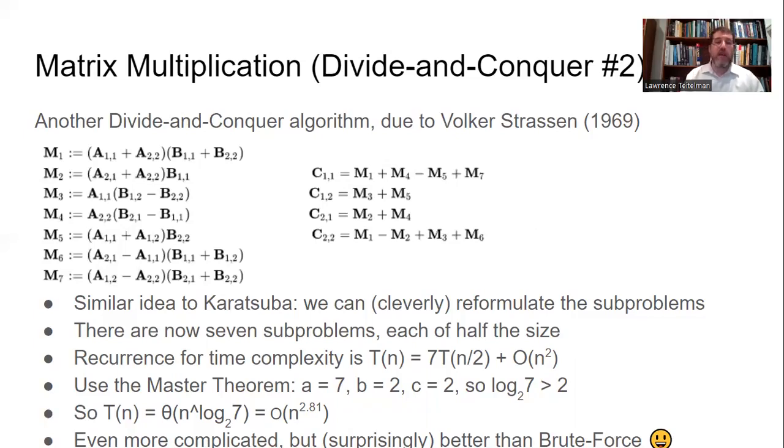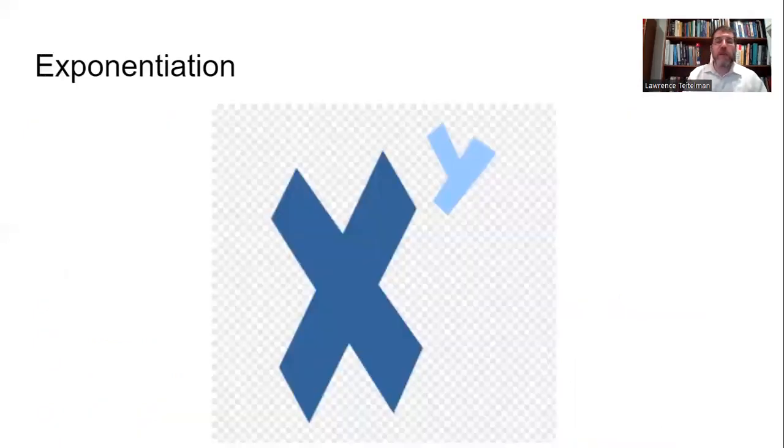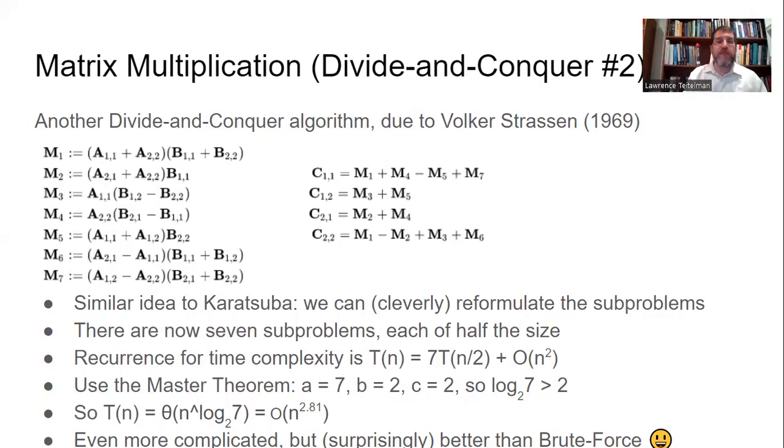How big is big? It depends really, but the approximate threshold where it starts to be worthwhile is 50. So if your matrix is a 50 by 50 matrix, then you should really look into something like Strassen's algorithm. Any questions on that?